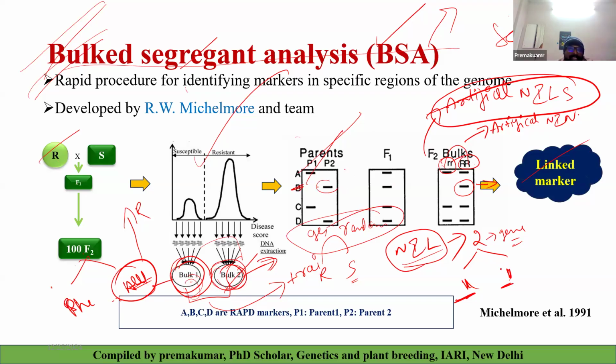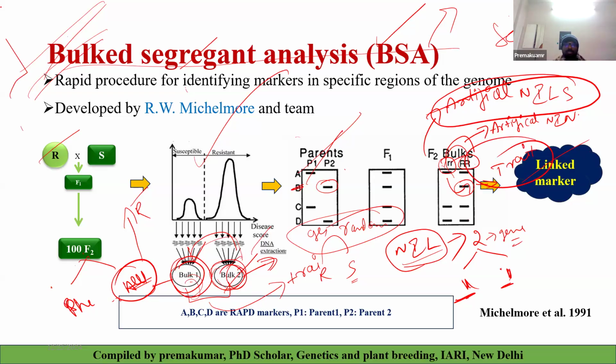If you get a difference in the marker, it is associated with this difference in the frequency of the resistant allele and susceptible allele. But the rest of the genome is random, like NILs. In NILs the background genome is the same, but between the bulks the background genome is completely random, and they differ only in your trait of interest. That is actually the logical idea behind bulk segregant analysis.